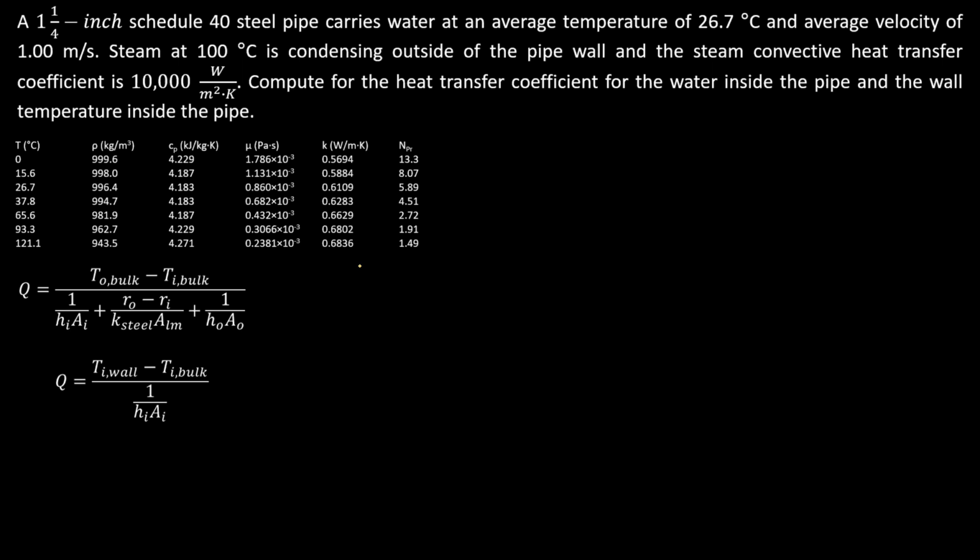All right, hello guys. This is a sample problem on forced convection that involves trial and error. So if we read the given here, we have the specification for the steel pipe, which will allow us to obtain the inner diameter and the outer diameter for the 1 and 1/4 inch schedule steel pipe.